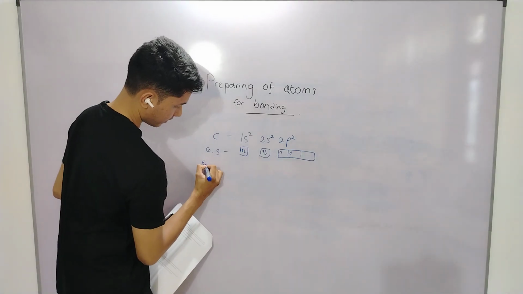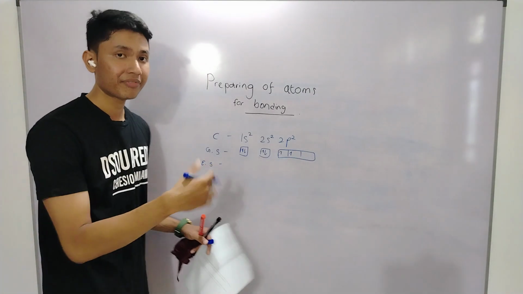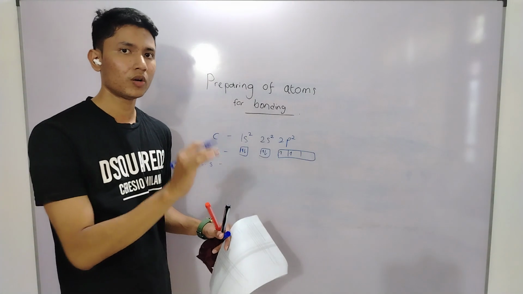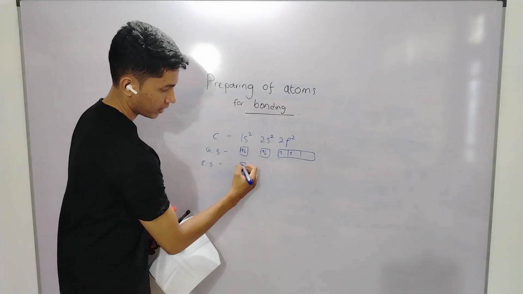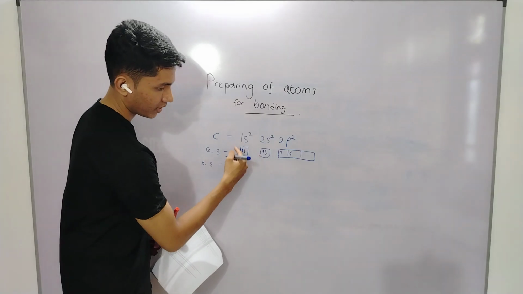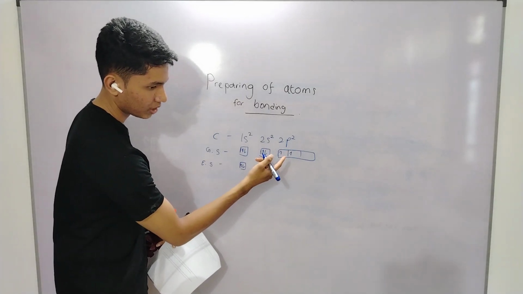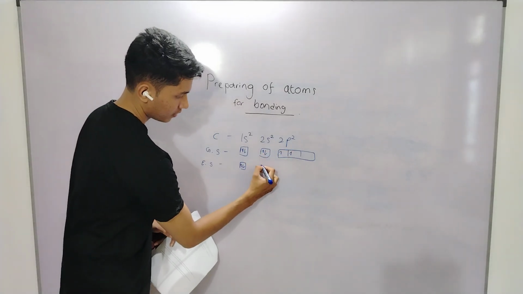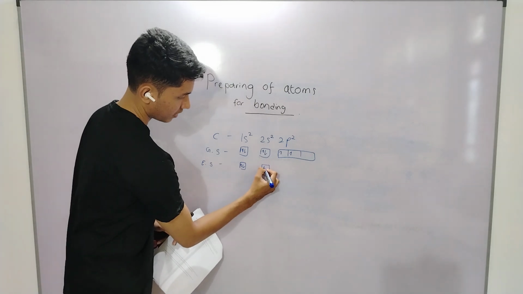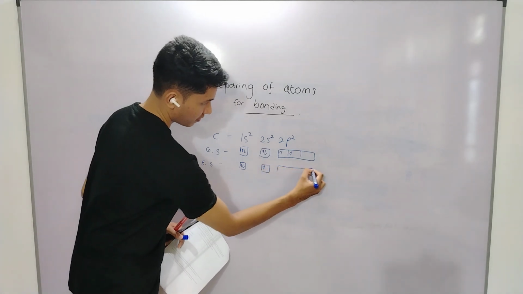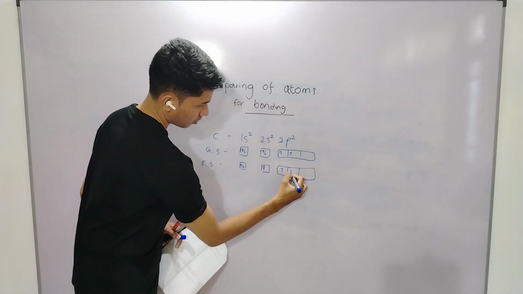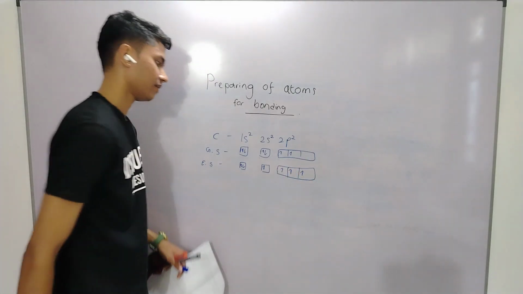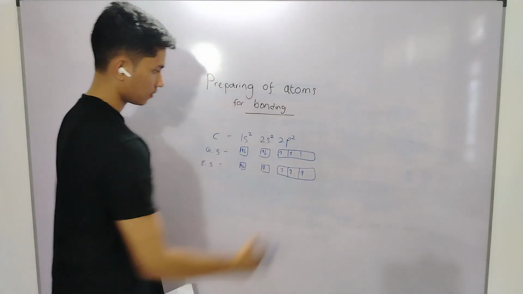After excitation, the state is called the excited state. I told you, electrons of one energy level cannot be transferred to an empty orbital of another energy level. As per my definition, I transfer an electron of a completely filled orbital to an empty orbital of the same energy level, from here to here.